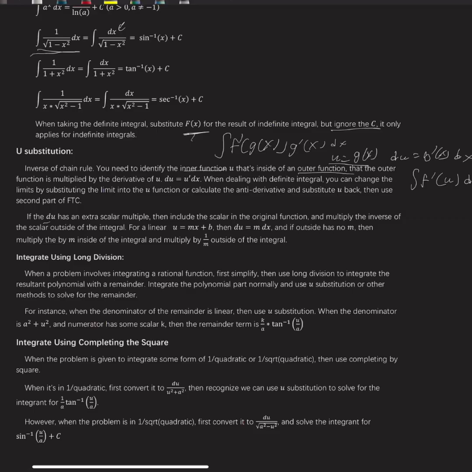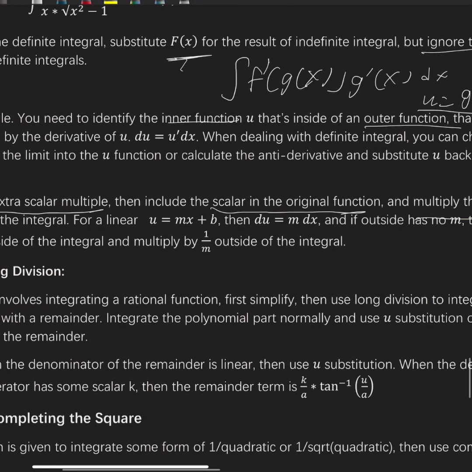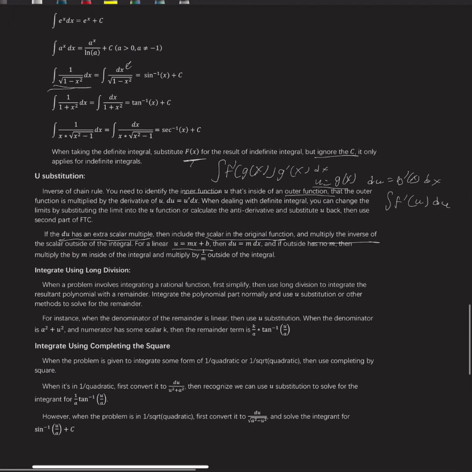And if du has an extra scalar multiple, include the scalar in the original function and multiply by the inverse outside of the integral. If you have a linear function where u is equal to mx plus b, then du is equal to m dx.